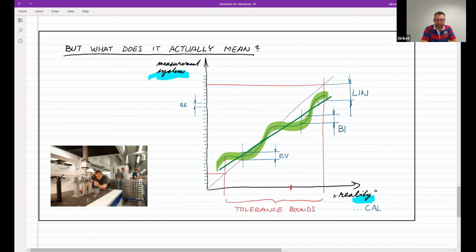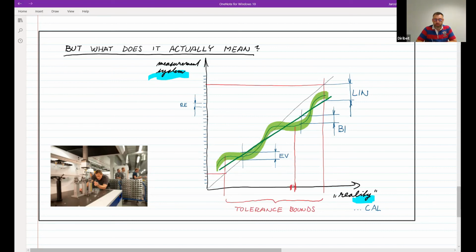Then it hits the line. Please note that the linearity is an extreme value on the edge of a tolerance, and it is always on the edge of a tolerance because it is a line. It can be the left one or the right one, but it will be the maximum on one of the two of these places. And then when this value gets out, it will hit the resolution. From the measuring device, you cannot get the continuous value. You will only get the discrete values per the resolution. So that would be the last deviation covered here.